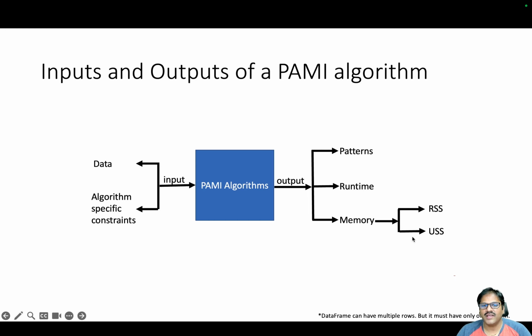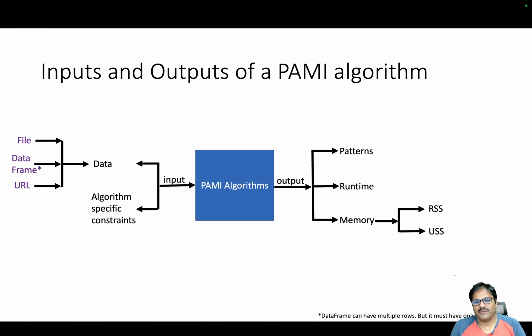Now, given this input and output for the pattern mining algorithm, the key question is how does the data look like? The user can provide the data in three formats. First, the user can provide the data as a file, or as a data frame, or if your data is in some location, you can provide the URL of the data also.